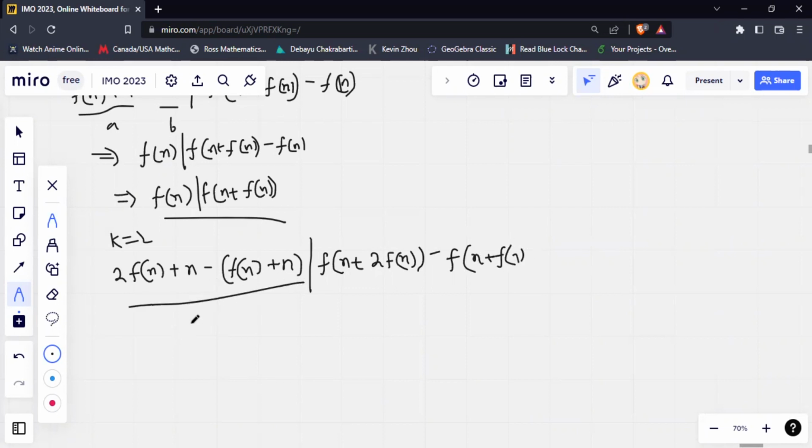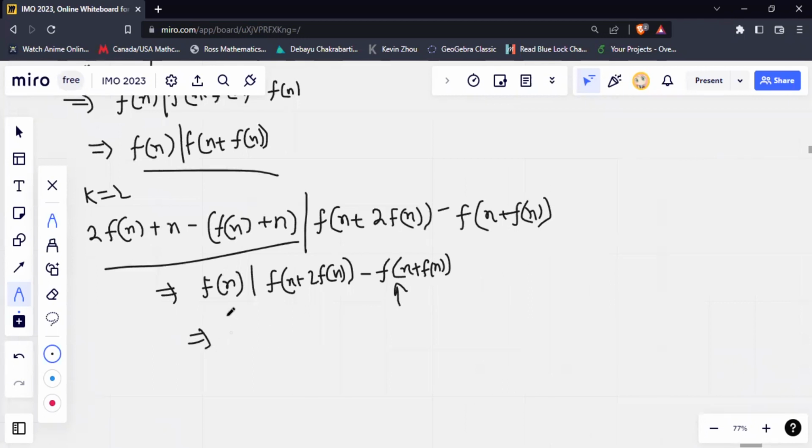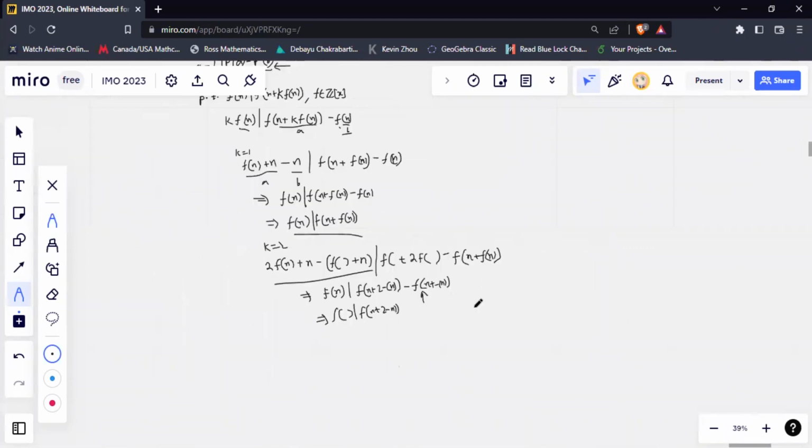Now this is just f of n. And we know this is divisible by f of n, so we can just ignore it and write this. So you can inductively do this as well. Is it clear to everyone?